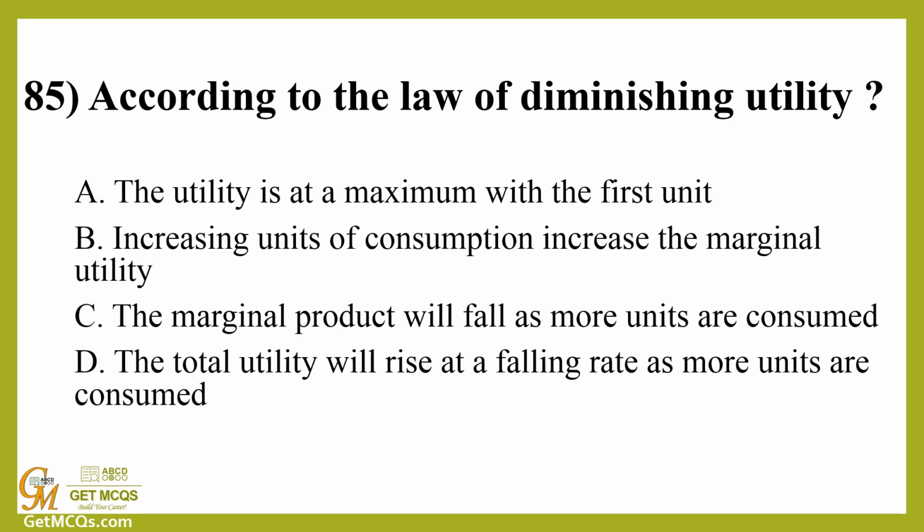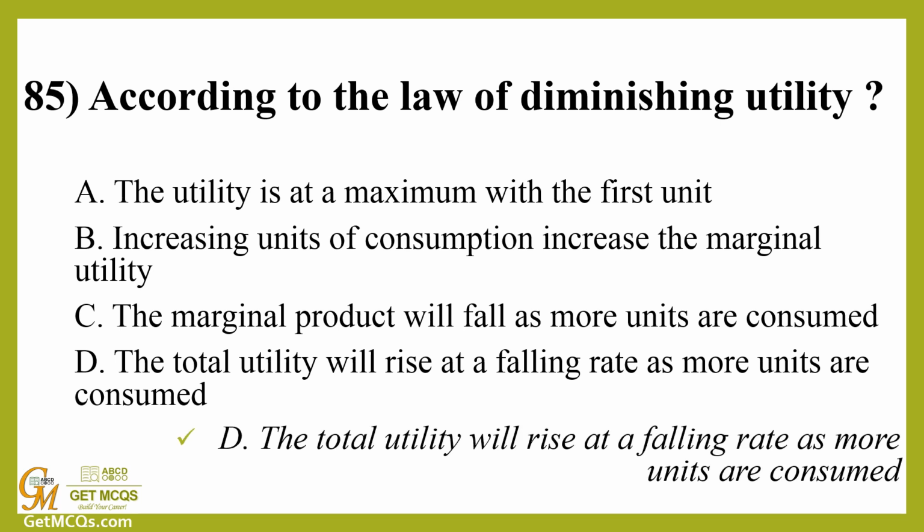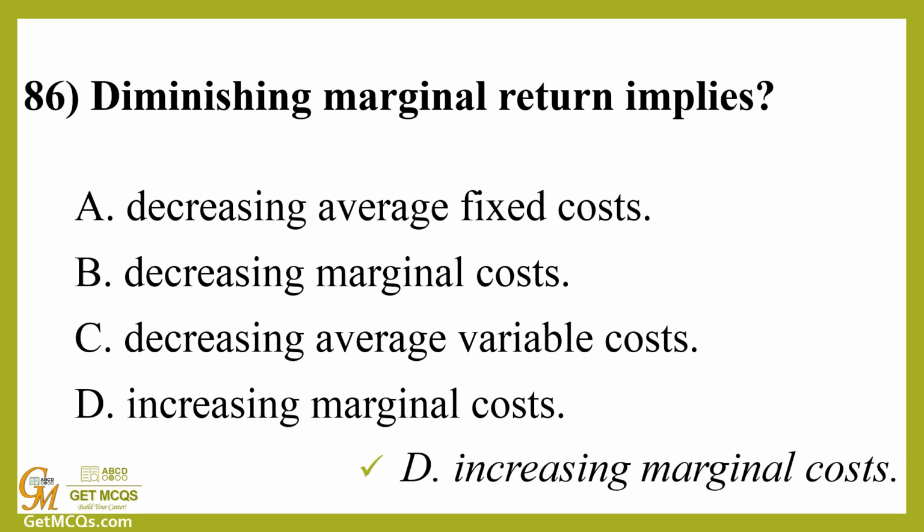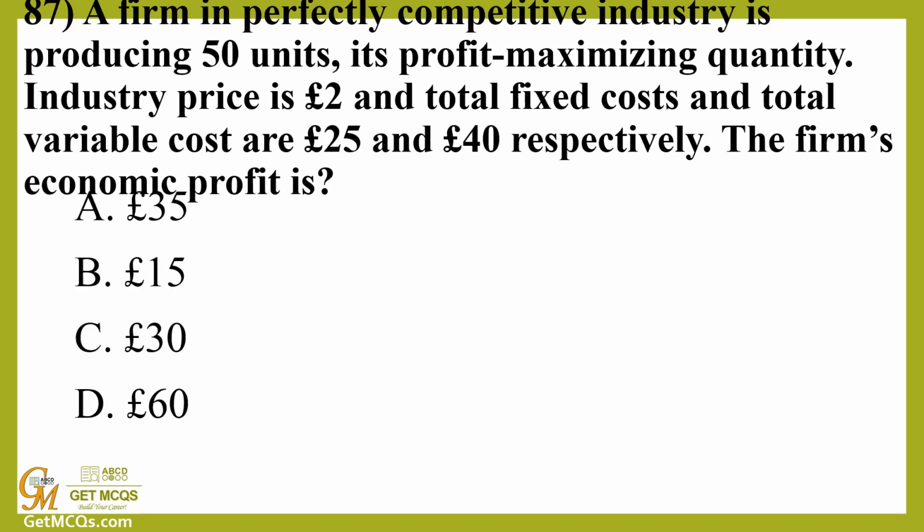85. According to the law of diminishing utility? D. The total utility will rise at a falling rate as more units are consumed. 86. Diminishing marginal return implies D. Increasing marginal costs. 87.